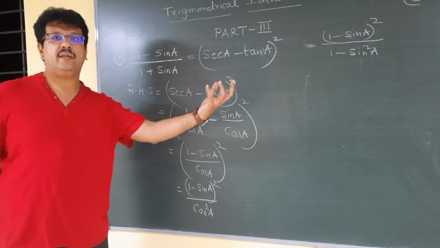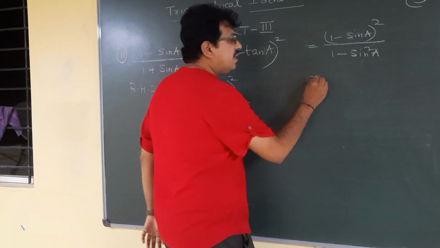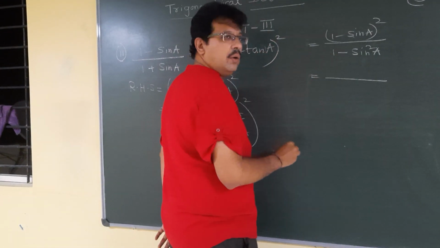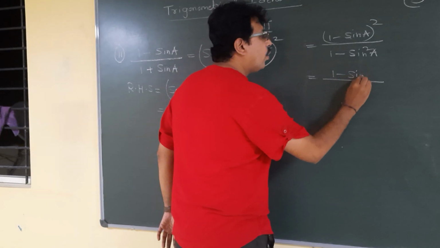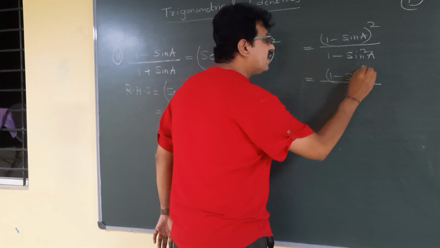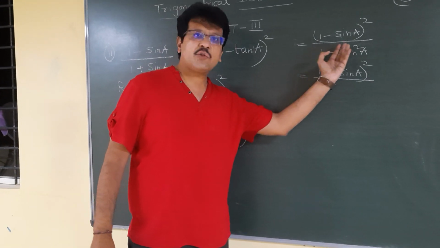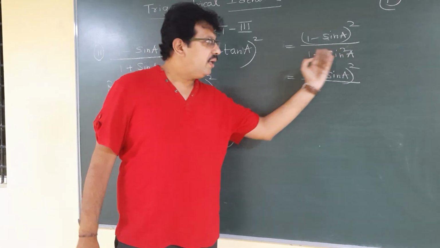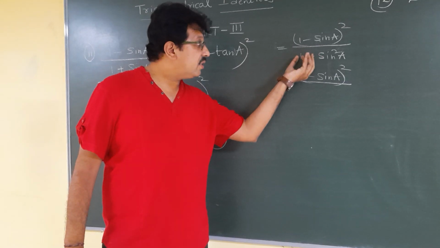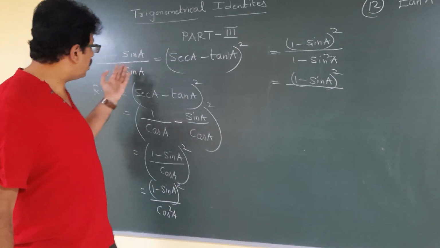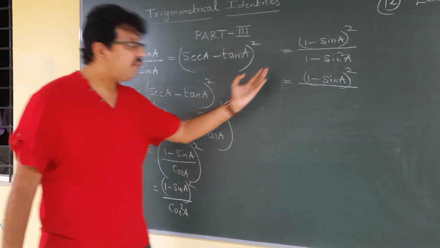That's the identity again here. So that is equal to 1 minus sin A whole square. I will write as it is. And here you can observe, children, it is the a square minus b square formula again. Why should you use a square minus b square? Because we need 1 plus sin A here.